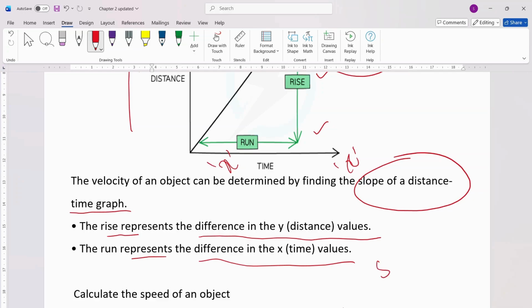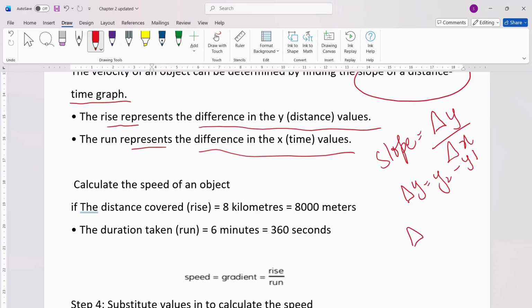So our slope formula will be change in y over change in x. Change in y is equal to y2 minus y1, and change in x will be equal to x2 minus x1.